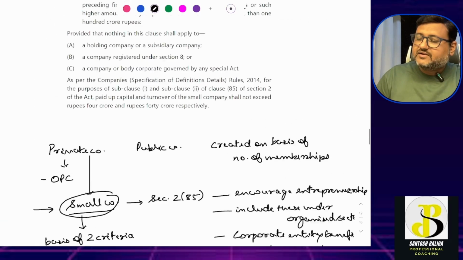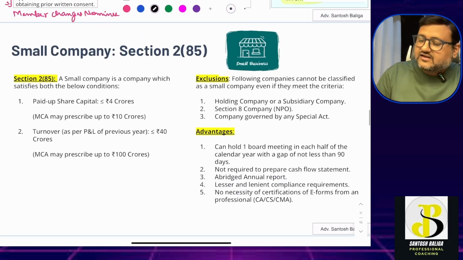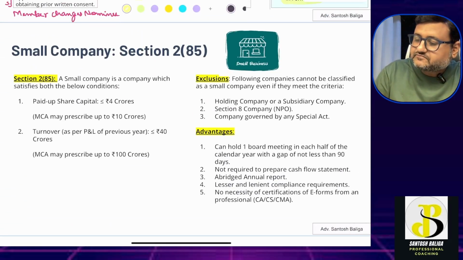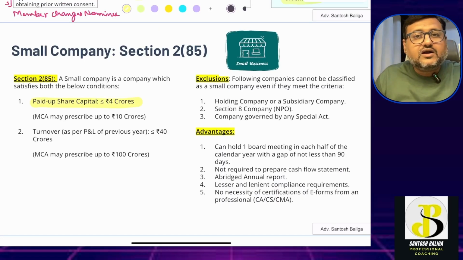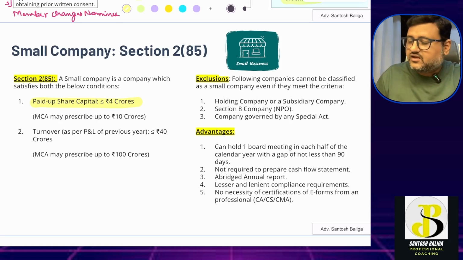Before that, let me tell you what is the criteria. Criteria basically is that the paid up share capital shall be equal to or less than 4 crore rupees. Okay, and turnover as per the P&L of previous year, that is the preceding year, shall be not more than 40 crore rupees.